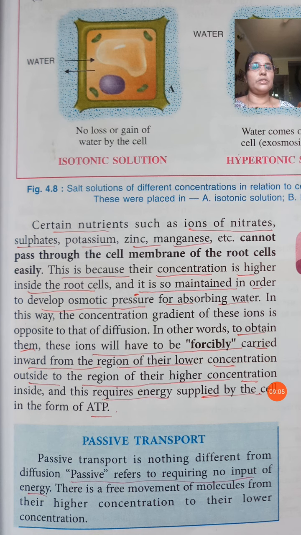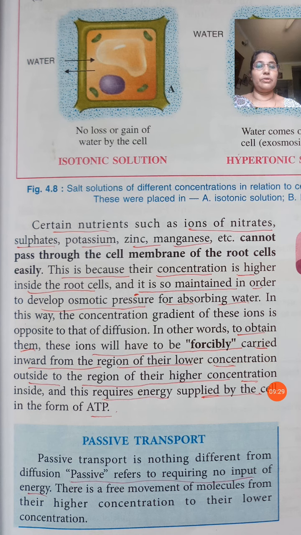For osmosis, plants usually absorb more water. To keep the osmotic pressure, the salt concentration must be maintained by the root hair. In this way, the concentration gradient of these ions is opposite to that of diffusion.